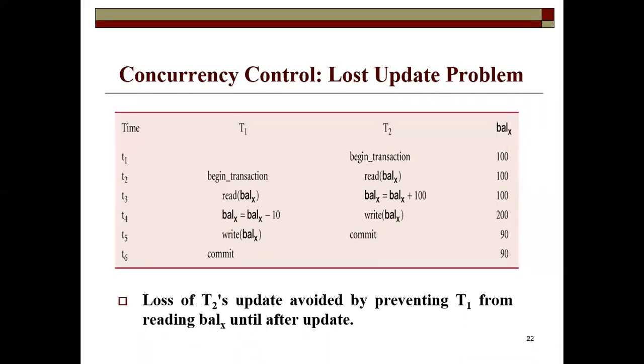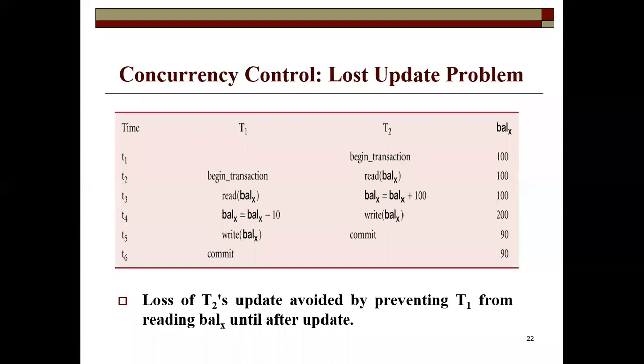Transaction T2 updates the balance from 100 to 200. Transaction T1, still in RAM, makes a deduction of 10 from what it read, 100, and at T5 makes an update, while T2 has completed. So T2 completes, it has made it 200, but at the same time, T5 came and made an update.